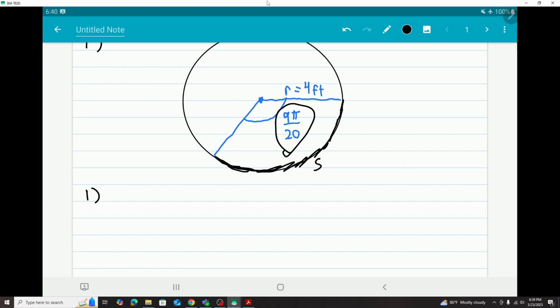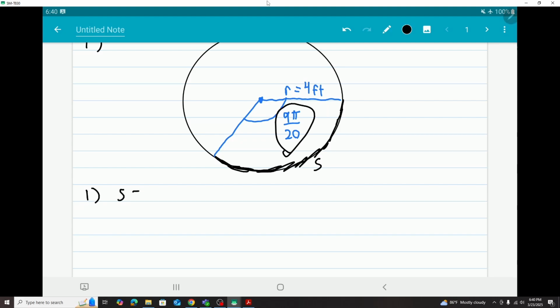So if we go through, what do we know? So here I already have it circled. But the 9 pi over 20, that is the angle measure in radians. Well, what is 1 radian? 1 radian is the angle measure that if you were walking along the outside of the circle, you would move 1 radius. So then if I know what the radius is, I can figure out how long this angle is.